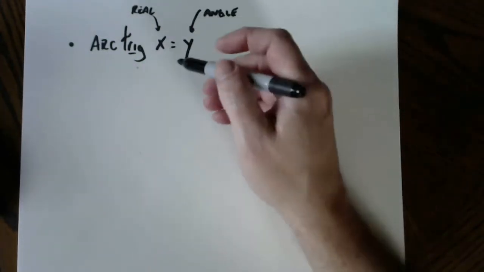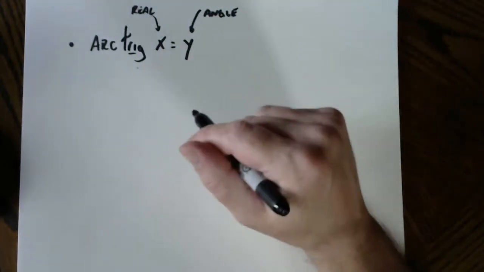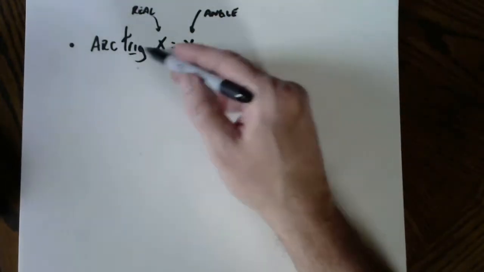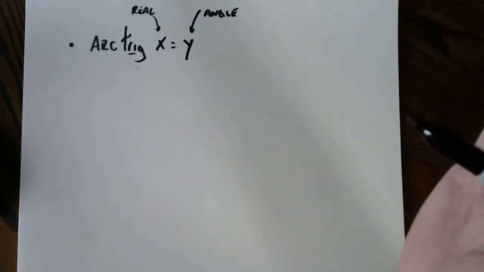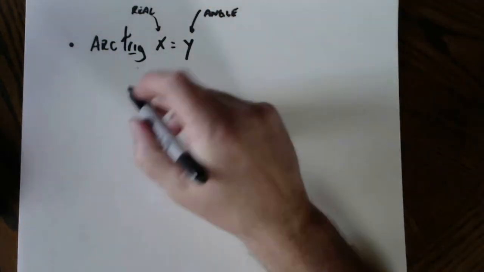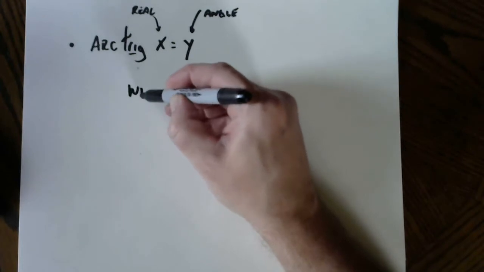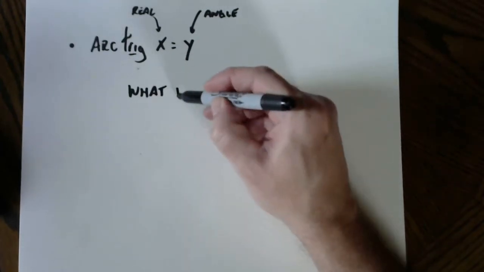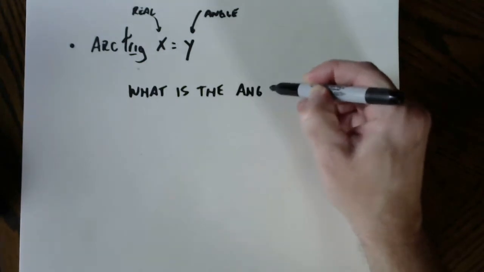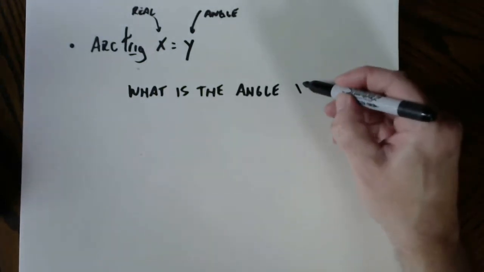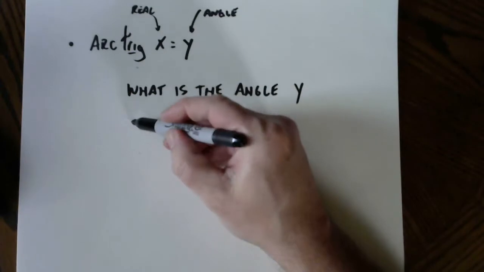Which angle comes out? So the way you can think about these is the following. If I need to find out arcsine of something, the question is, what is the angle y? What's my output?